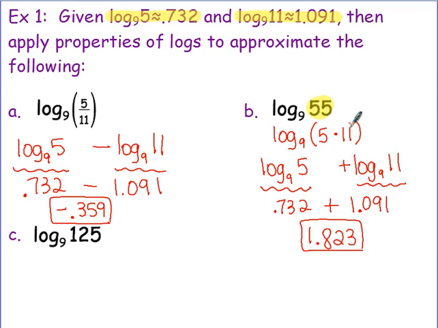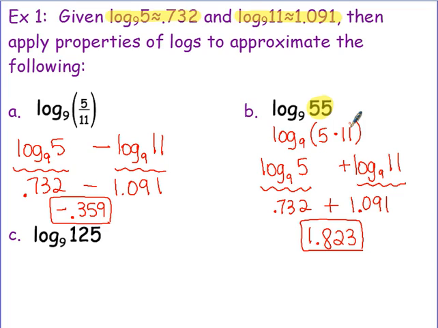Log base 9 of 125. Again, this one's like B. We have to figure out how to make it work. Well, we have 5 and 11. Again, those are the only 2 numbers you can use. So 11 doesn't go into 125, but 5 does.